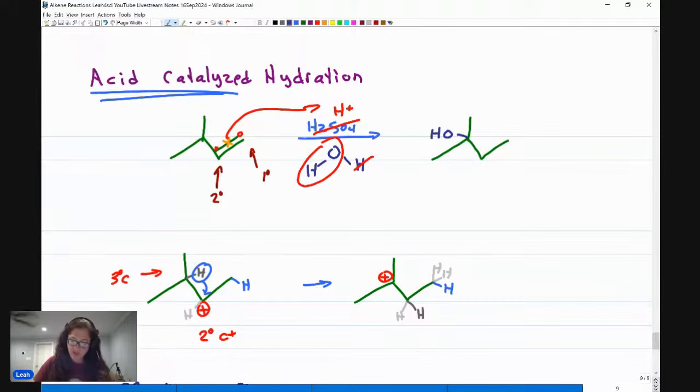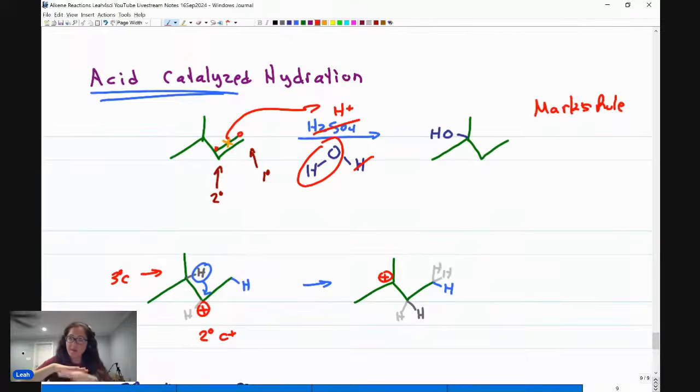All right, so that is the first reaction to put alcohol onto the carbon chain. This reaction, because of a carbocation intermediate, follows Markovnikov's rule. And because we have a carbocation intermediate, it is not going to do syn or anti-addition because the carbocation is able to add from the top or the bottom.